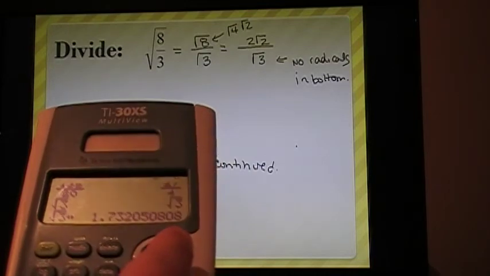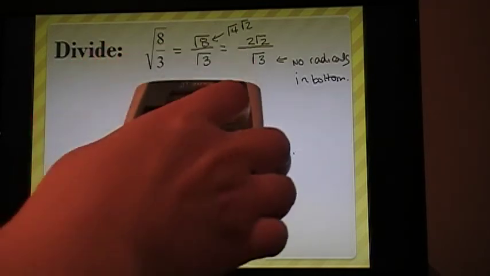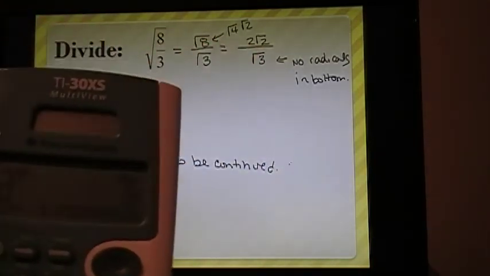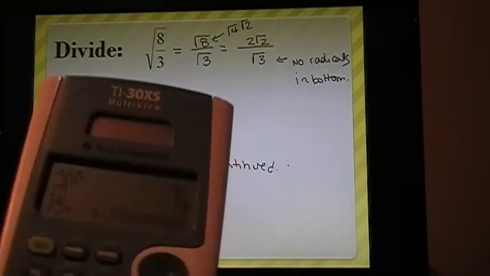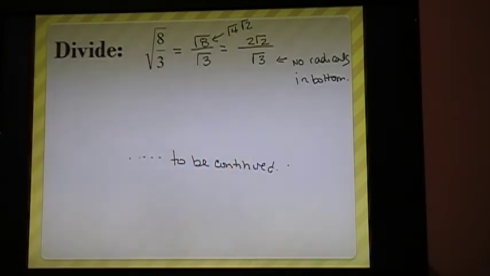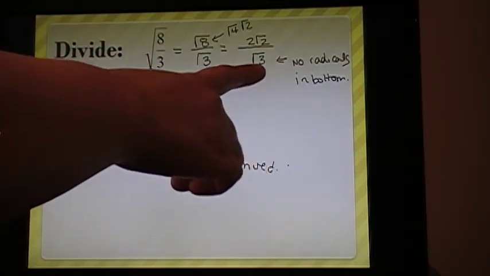These radical numbers, square roots of 3s, square roots of 5s, if you cannot get them to simplify, those are actually irrational numbers. So the square root of 3 is an irrational number.